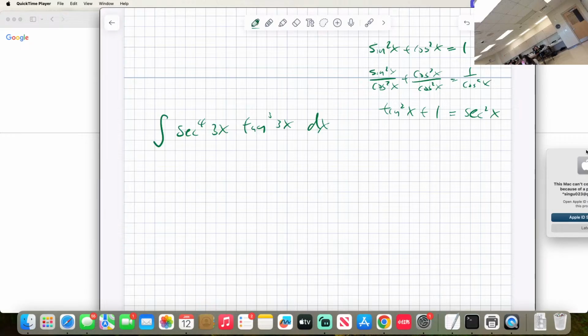The problem is that it's a lot harder than u equal to tangent of x, because the derivative of secant of 3x is secant of 3x tangent of 3x, times 1 times 3, right? But if u equal to tangent of 3x, then I believe it's going to be a little bit easier.